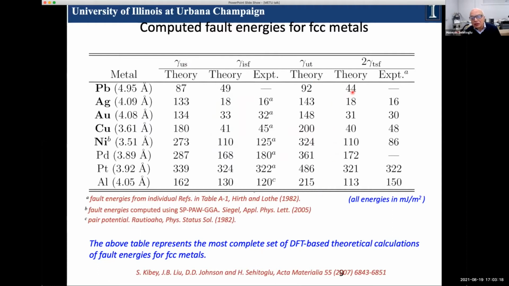And of course, we cannot measure experimentally gamma US or gamma UT, but one can measure gamma ISF and also the gamma TSF. And this is from a long time back, some of the earlier density functional theory calculations for these barriers, and they match the experiments reasonably well.